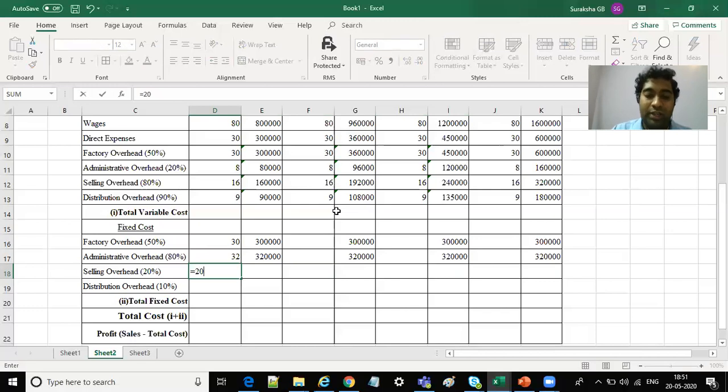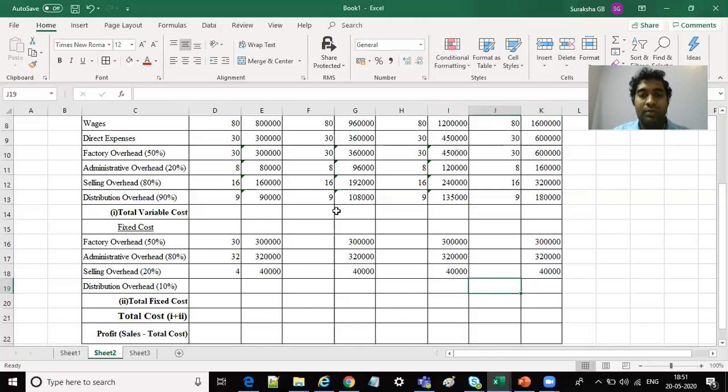So 20 rupees into 20%, the fixed cost will be 4 into 10,000, which is 40,000. Last one, distribution overhead is given as 10 rupees, in that 10% is fixed. So it will be 1 into 10,000 is 10,000.